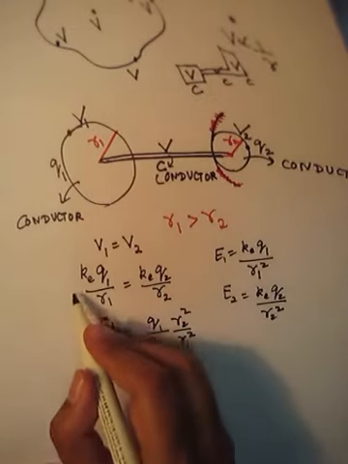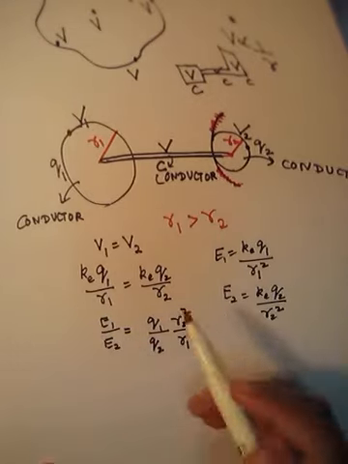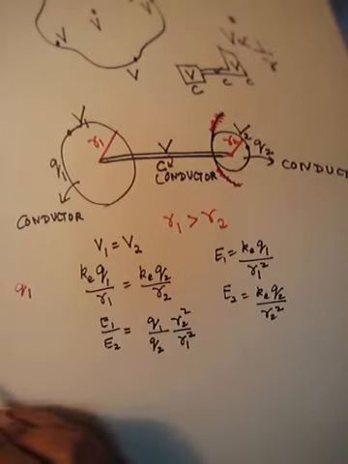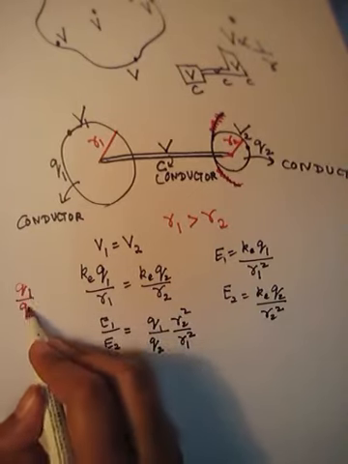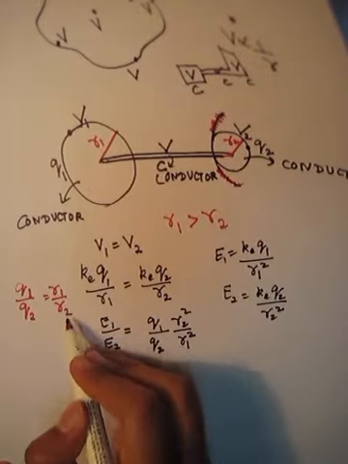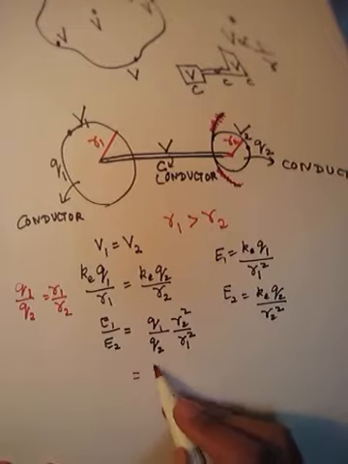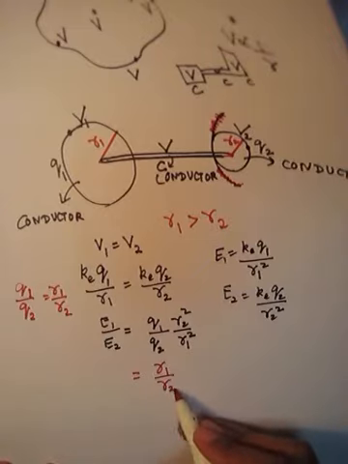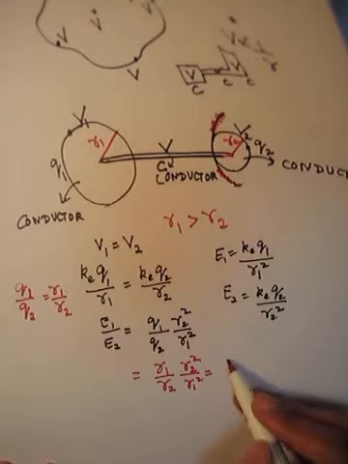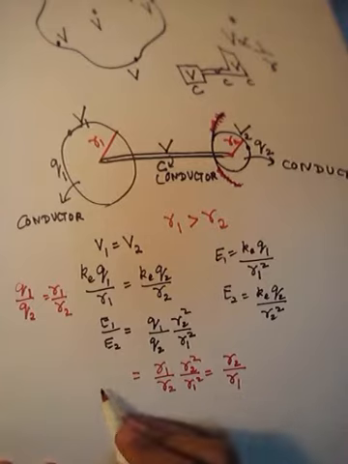And from the earlier equation we can say that Q1 upon Q2 will be equal to R1 upon R2. So it will be R1 upon R2 times R2 square upon R1 square, so it will turn out to be R2 upon R1.